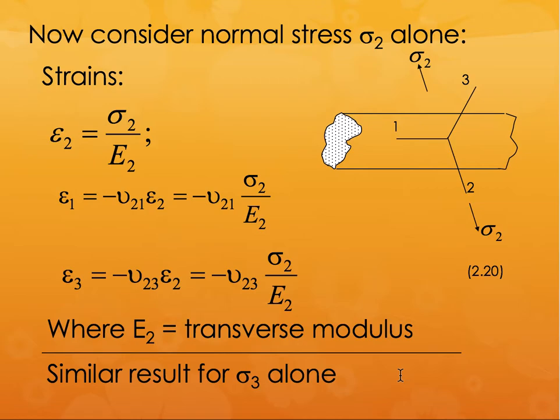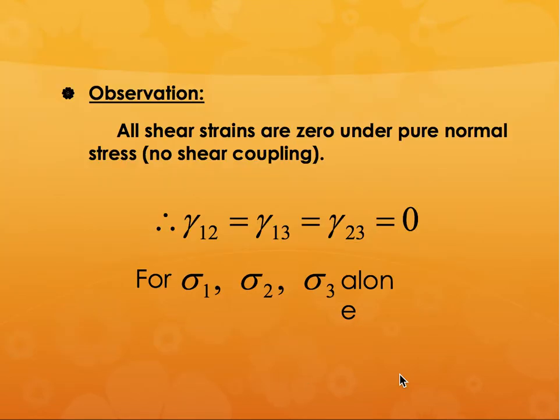Now, if you know the Poisson's ratio in specific directions, you can calculate these stiffness matrices and compliance matrices. If you only have pure normal stress, there is no shear stress, so all shear strains are equal to 0.